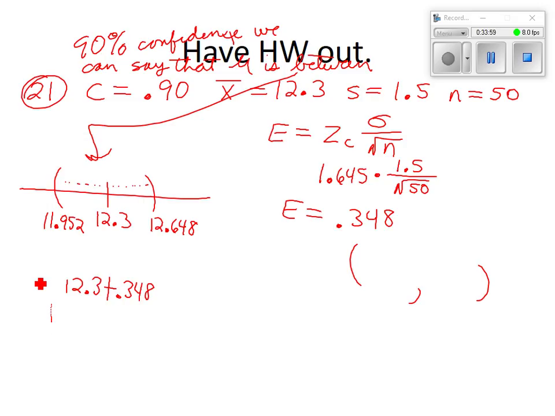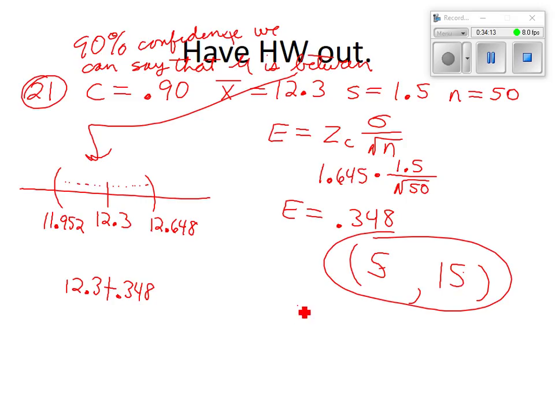Again, notice they write it this way, so you're between this and this. Well, if you have these two numbers, let's say this number's 5, this number's 15. I'm just making up numbers here. That's what the calculator gives you. Could we figure out what E is and what X bar is from just those two numbers? Yeah.